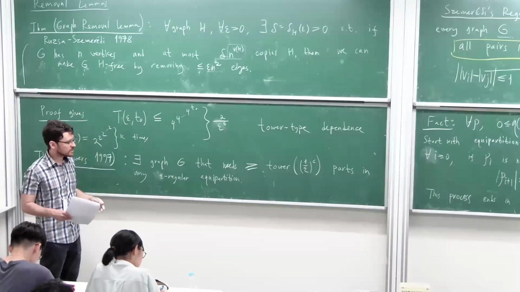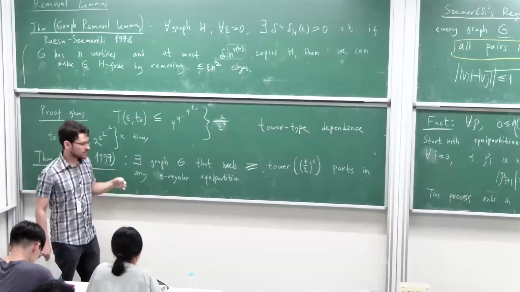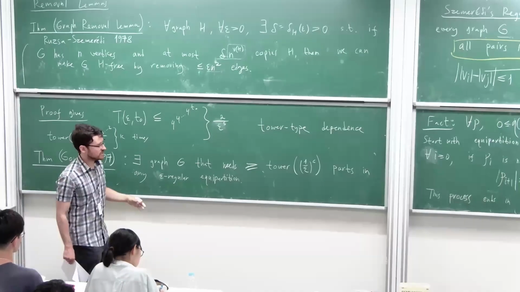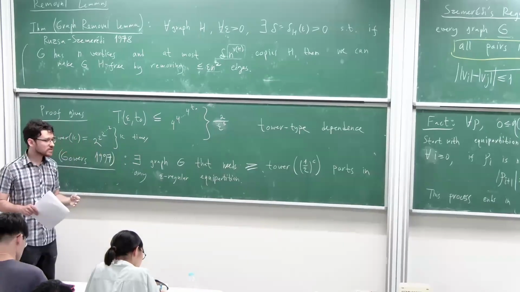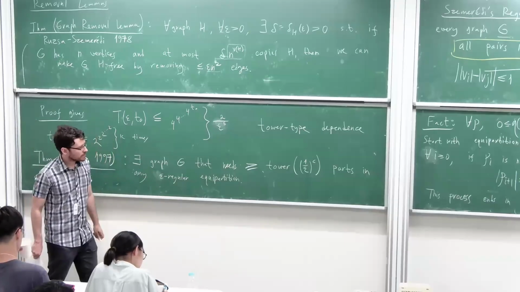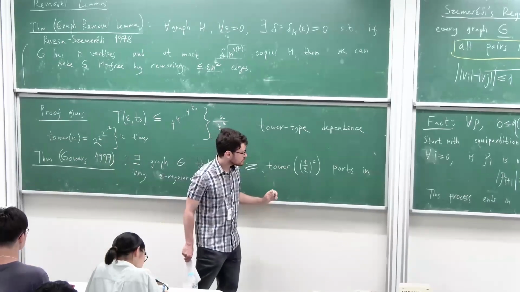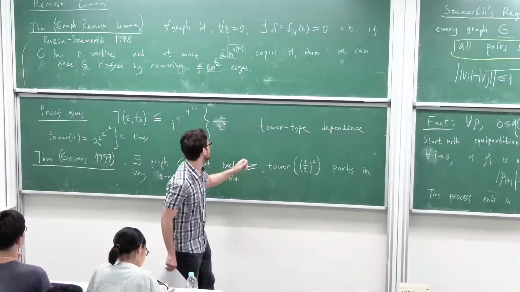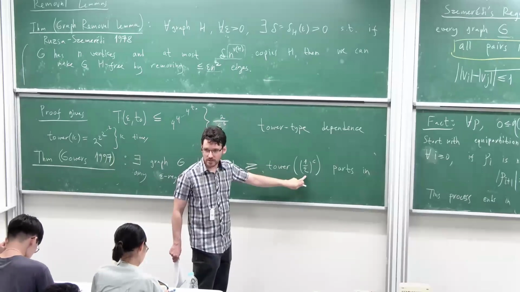So for some time people didn't know if this behavior is necessary until Gowers proved that actually you must have this tower type behavior. So there exist graphs where if you want to get an epsilon regular partition, the number of parts you need to take is at least the tower. Now the height instead of 1 over epsilon to the 5th is some other power of epsilon.